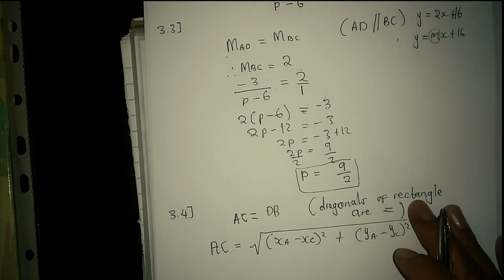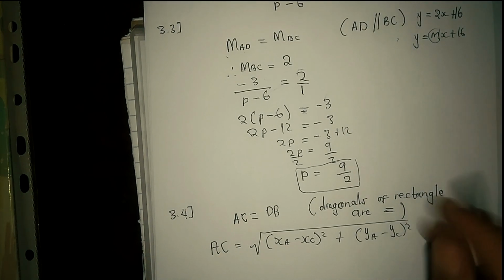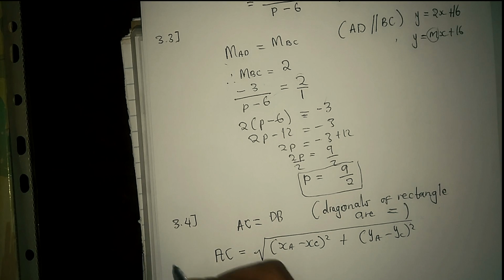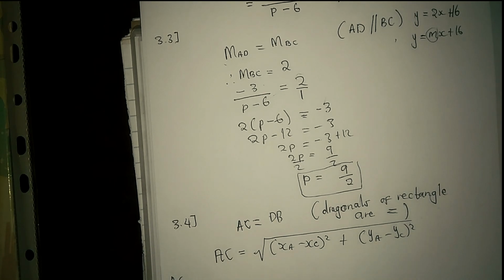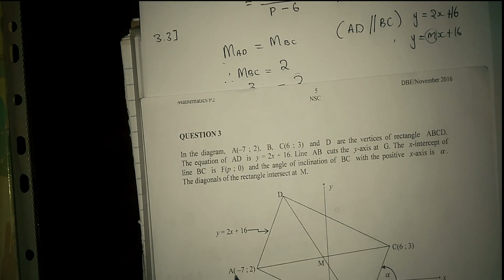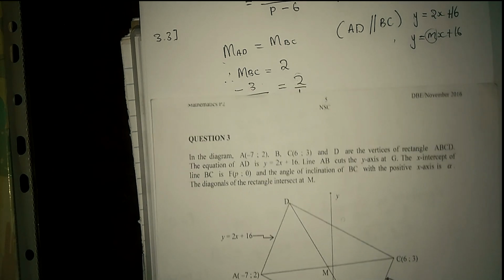We write the coordinates of A and C. A is (-7, 2) and C is (6, 3).